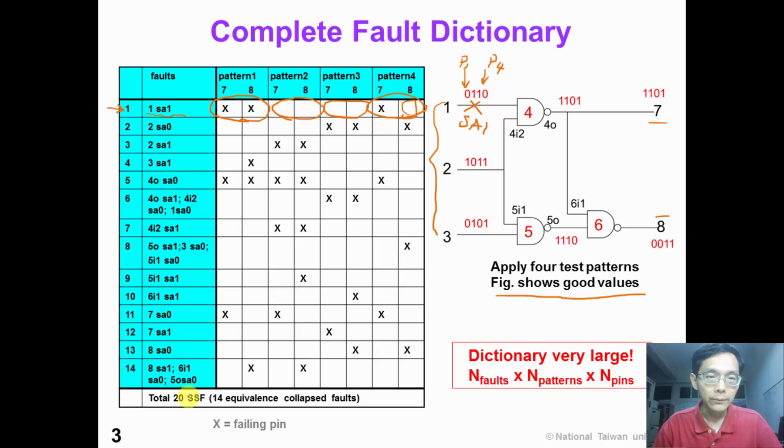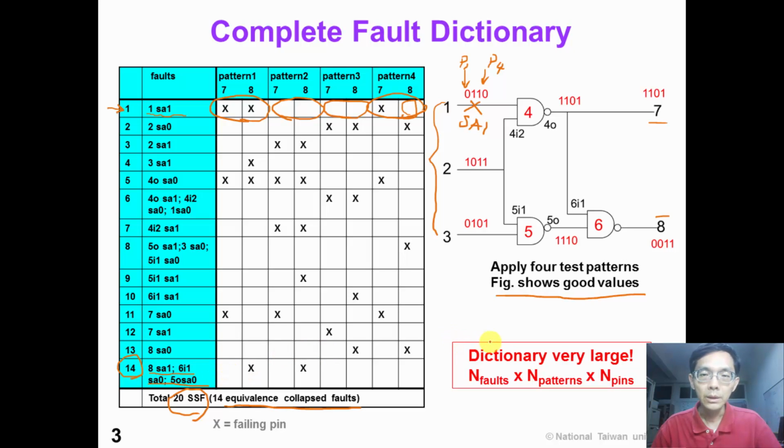Totally, we have 20 single stuck-at faults in this circuit. After equivalent fault collapsing, we have 14 faults. In the last row, for example, we have 3 equivalent faults collapsed into a single row.